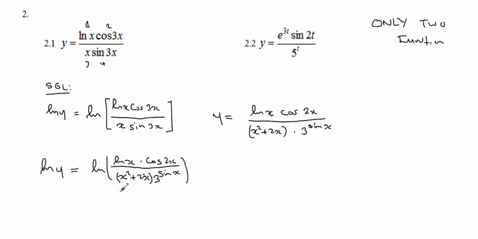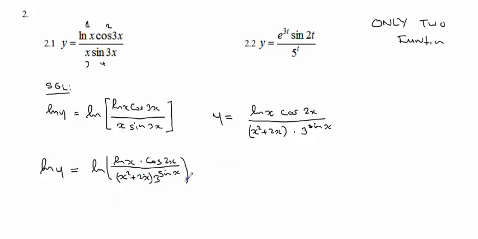Now, once you've applied ln on both sides, on this quotient where we've got a lot of factors, you must apply all the possible properties of ln and make sure that this expression is in its simplest form.